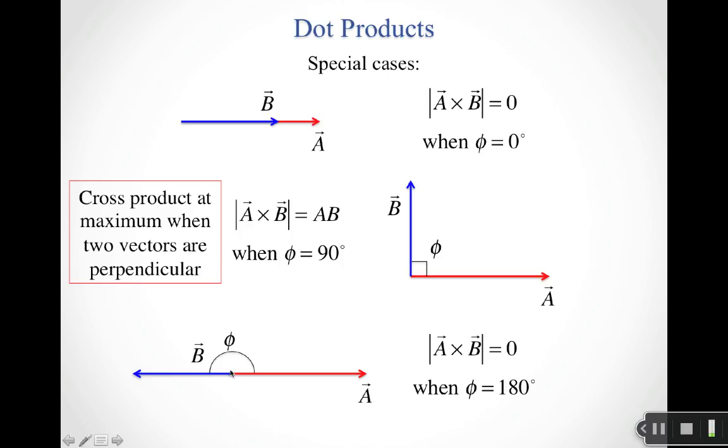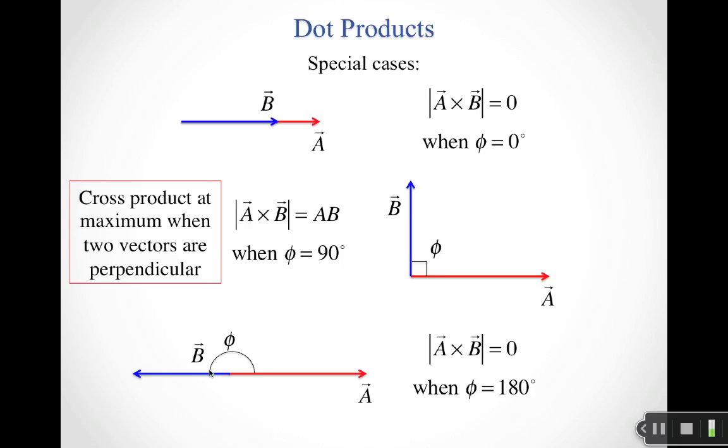Now, one thing to emphasize here is that if instead of lying along the same line, let's say vector B pointed up at some angle, there would really be two options for how I could define phi. We're always going to pick phi to be the shorter way around. I could go all the way around so that I had phi larger than 180 degrees, but that's never the choice we're going to make. The sine of any angle up to 180 degrees is never negative.